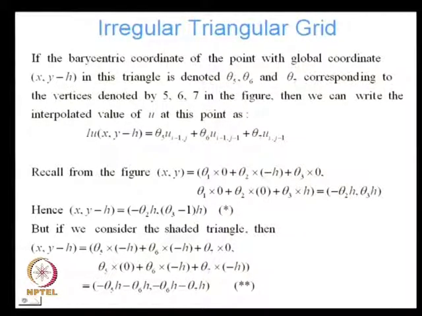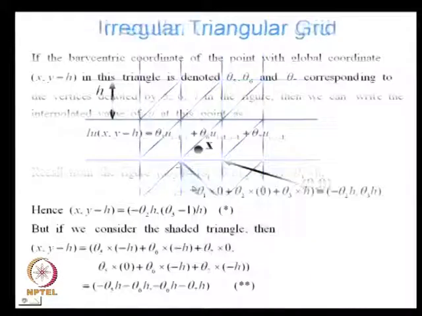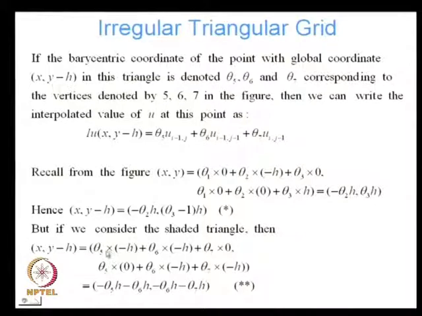But if we consider the shaded triangle again, and we look at x y minus h, then that is equal to theta 5 times minus h plus theta 6 times minus h plus theta 7 times 0.